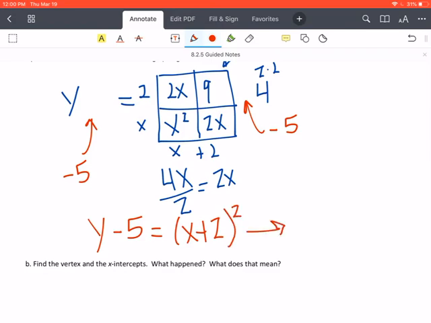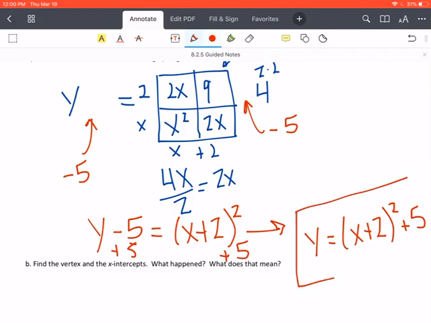And then from there, if we add 5 to each side, we have y equals x plus 2 squared plus 5. So this is our graphing form.